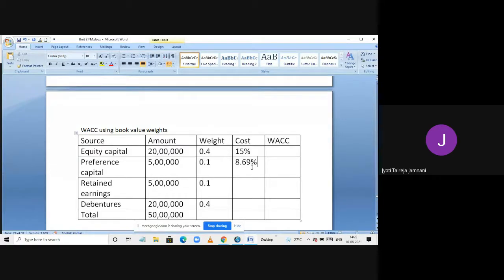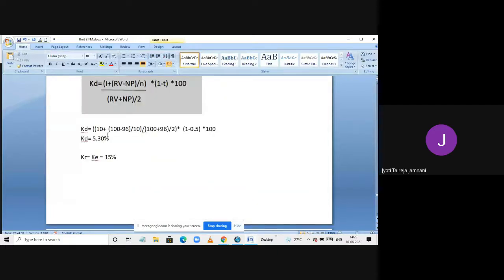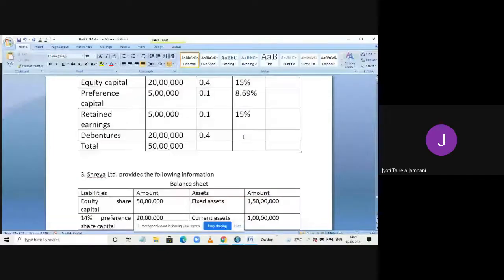Then retained earnings, I told you it is the same as cost of equity, so KE 15%. Cost of debt, we have got as 5.30%.